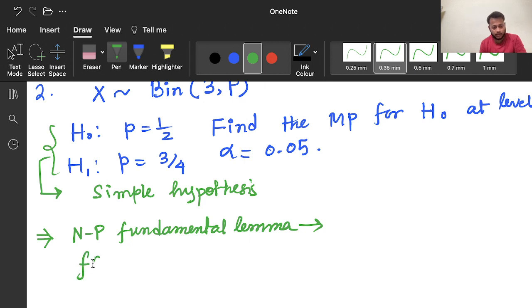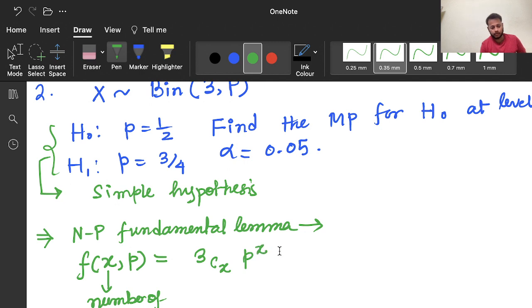You see what is the distribution function, where x is the number of heads: it will be 3Cx p to the power x (1 minus p) to the power 3 minus x.